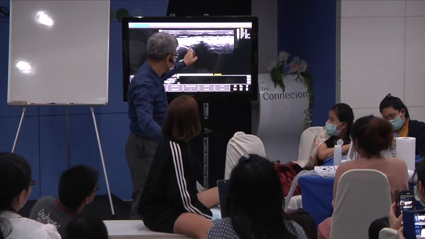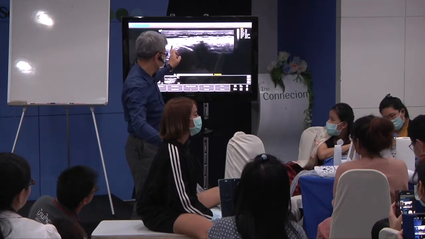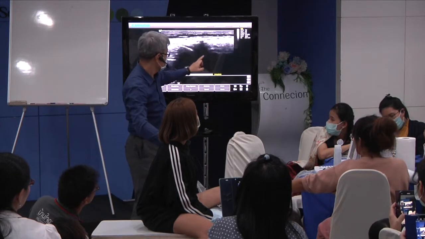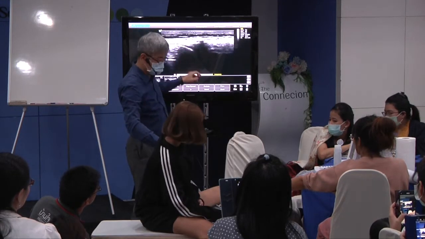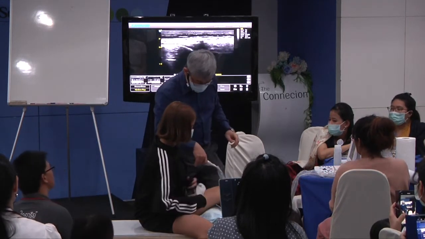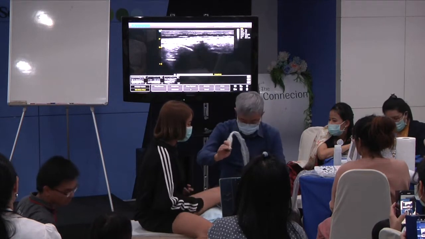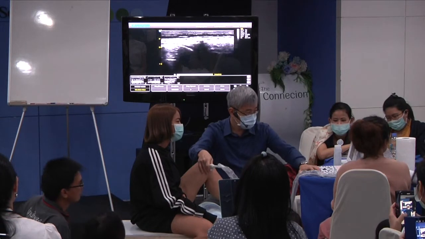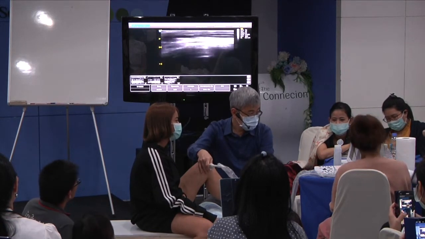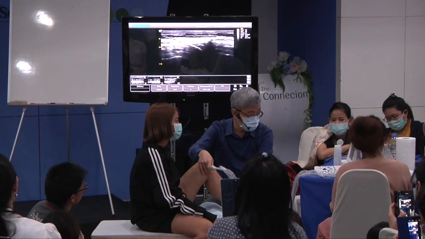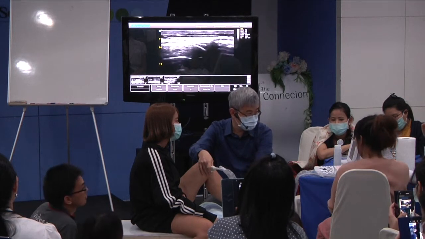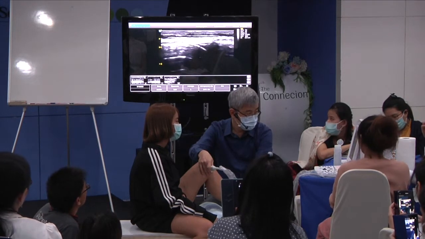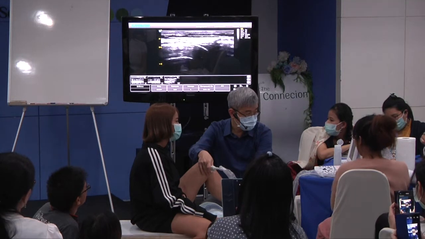Condyle of the tibia, triangle shape, beginning line. We check the mobility of the medial meniscus. Is there any tear or dislocation?